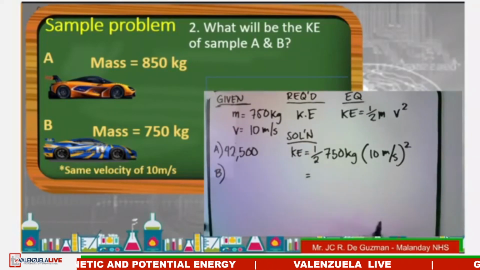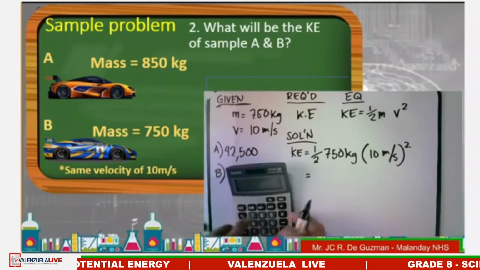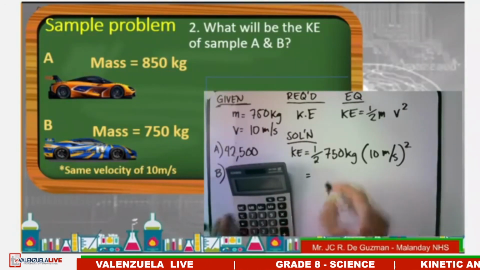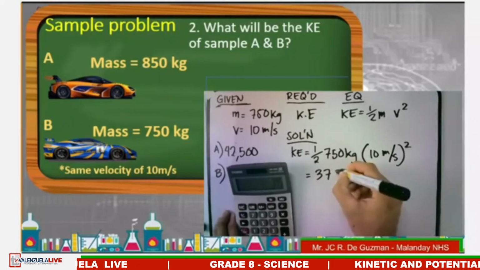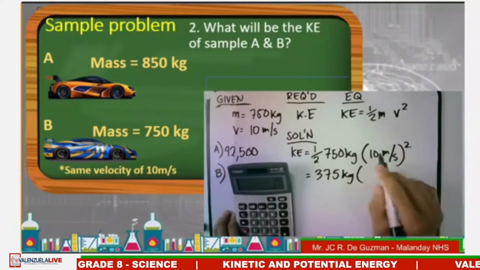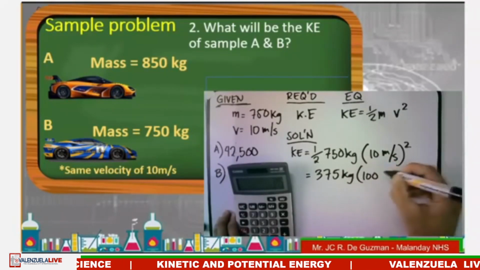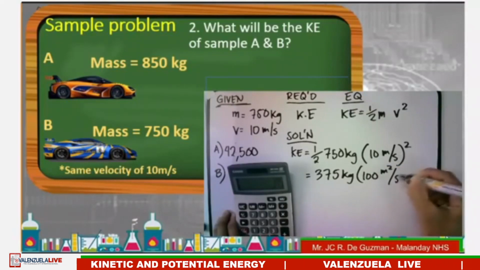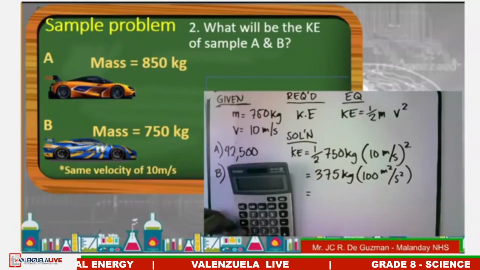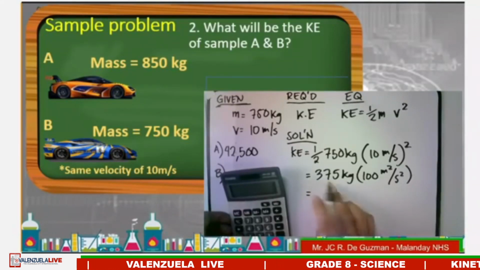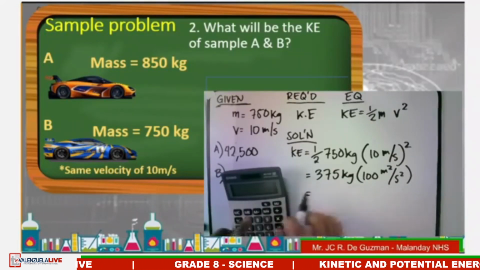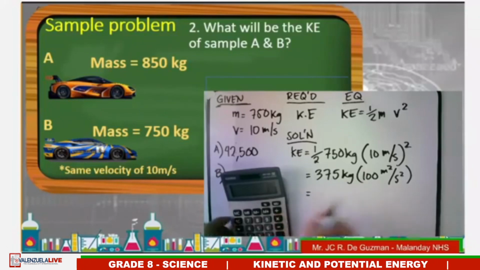Next. So 750 divided by 2, or half of it, is 375 kilograms. Multiplied by the square of 10, which will be 100 meters squared per second squared. Next, we will multiply 375 kilograms by 100.